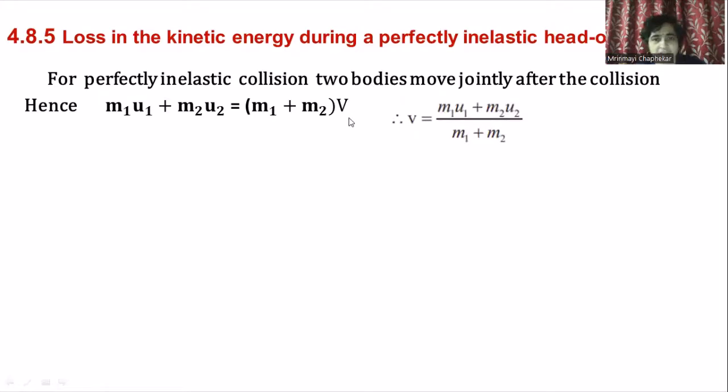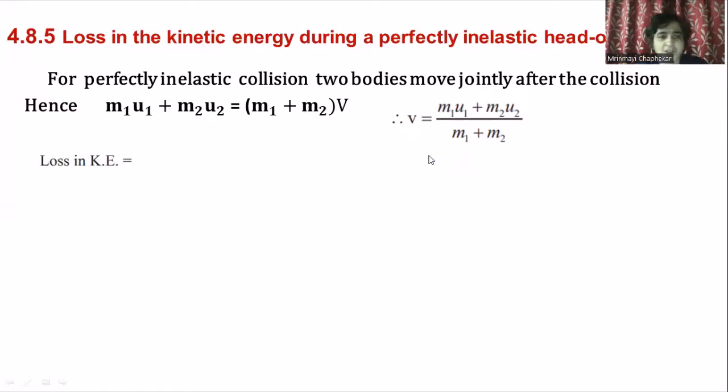Using this, we can calculate the value of velocity after collision v. This m1 plus m2 will go in the denominator. So v will be equal to m1 u1 plus m2 u2 upon m1 plus m2.